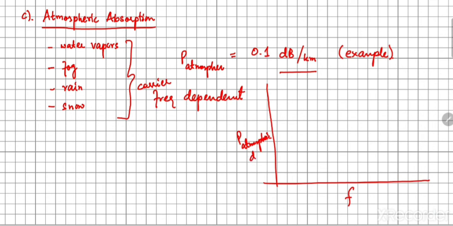If we have the atmospheric loss expressed in dB per kilometer on the y-axis, and on the x-axis we have frequency, the graph looks something like this.